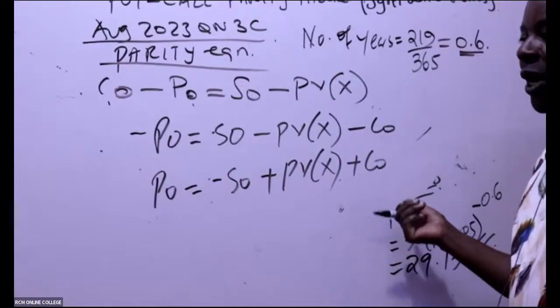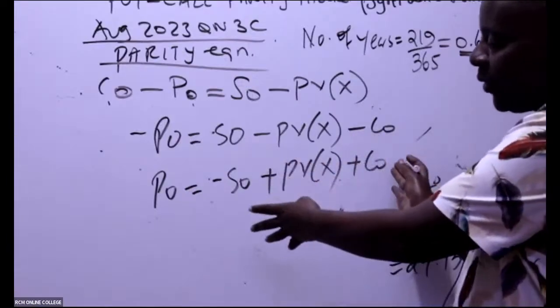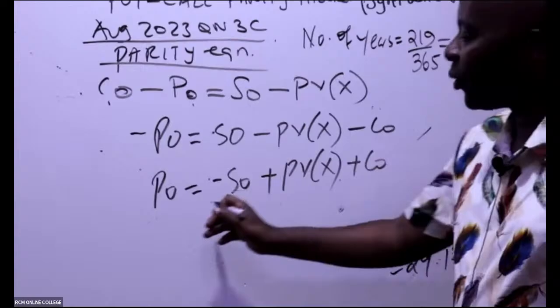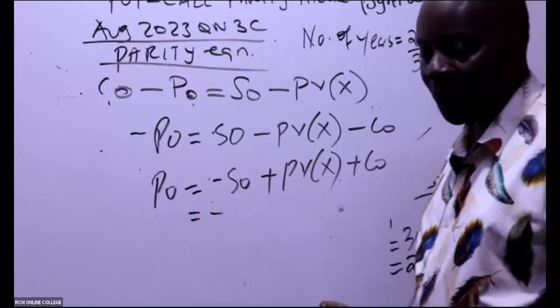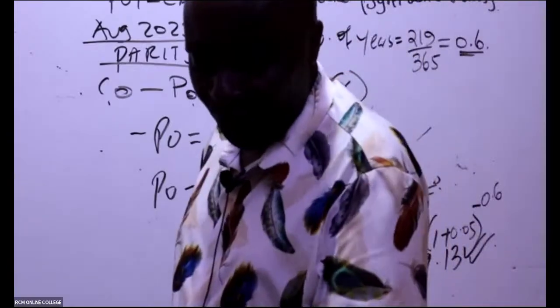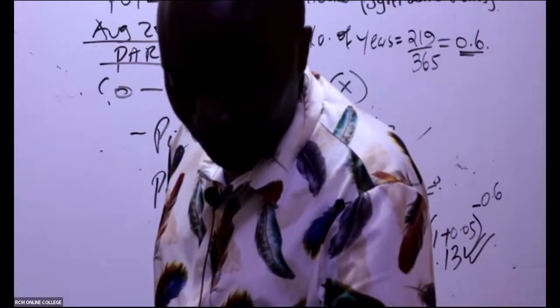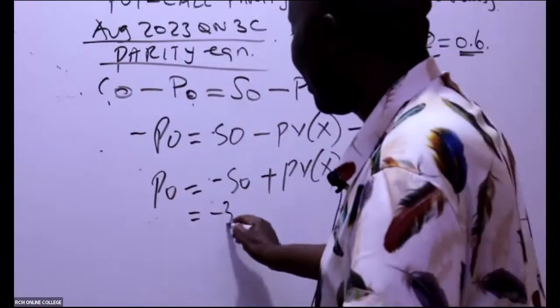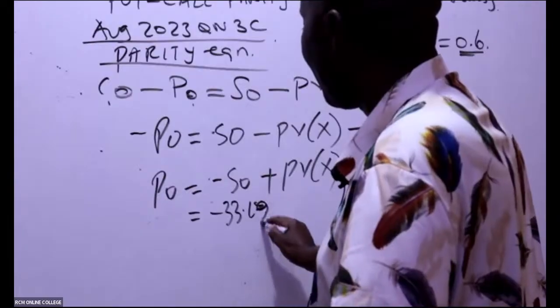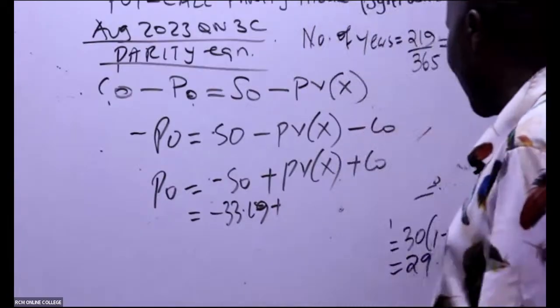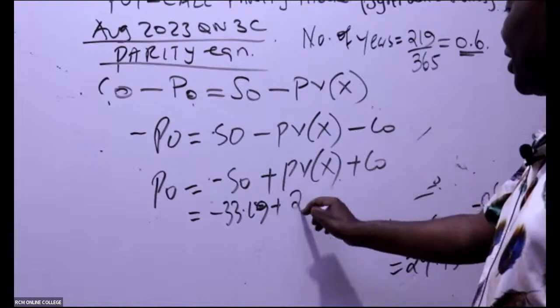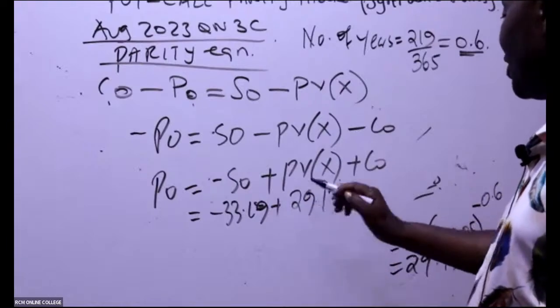Even if you leave them this way, you'll still get the same answer. Our SO is given here as 33.19. Plus present value of our exercise price, which is 29.13.